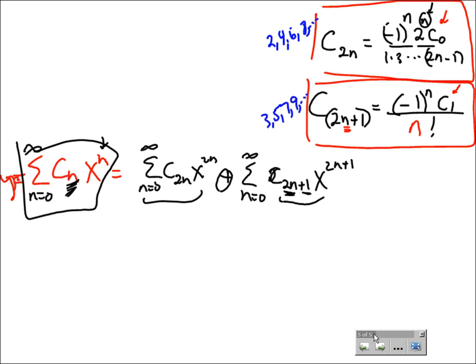So now remember, we get C0 plus C1x plus, now we deal with this up here. C sub 2, well that's when n is 1, you're going to get negative 1 to the 1, which is negative. Oh, actually, this one doesn't come up yet.